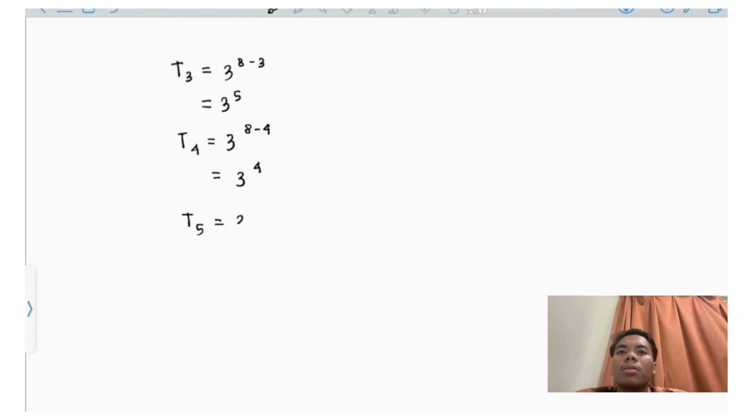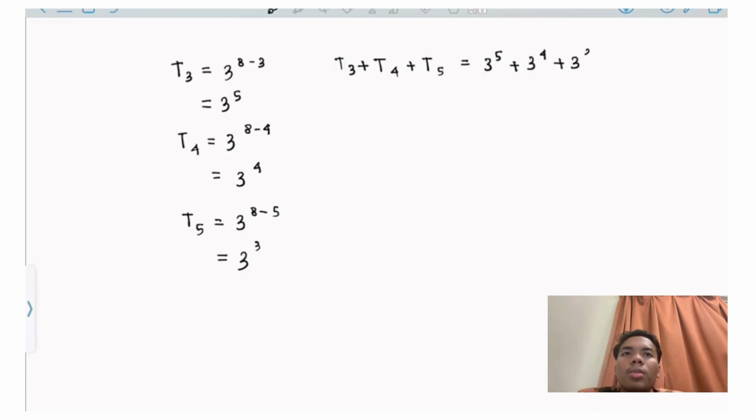Then for the last one, we search for the fifth, which is the purple. Using the same general equation, we will get 3 over 8 minus 5, which will give us 3 over 3. Referring to our question earlier, we need to find the sum of 3 consecutive perimeters, which is why we need to sum 3 of them: 3 over 5 plus 3 over 4 plus 3 over 3, which will give us 243 plus 81 plus 27, and the total of it is 351.